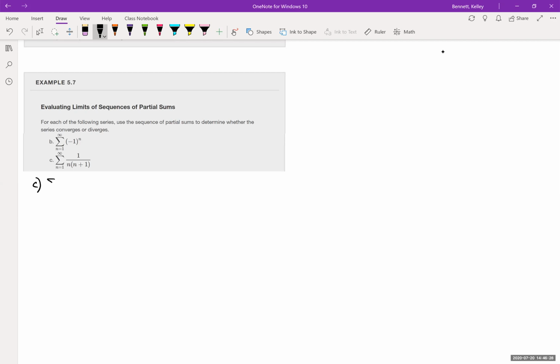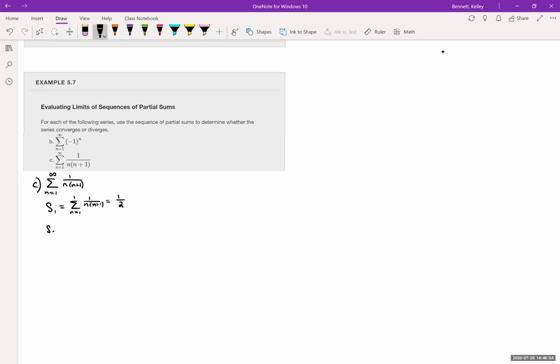So if I have this sum here, then I want to take s1. This is just the partial sum that has only one term in it. So this is 1 over 1 times 2, so just 1/2.